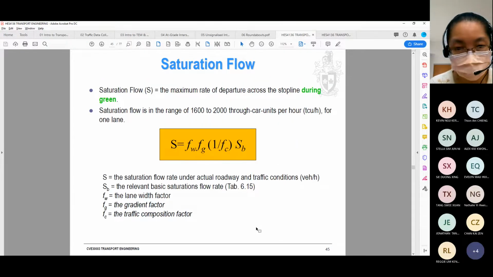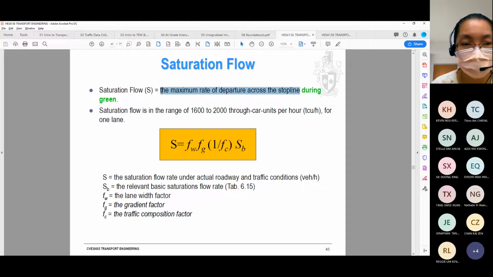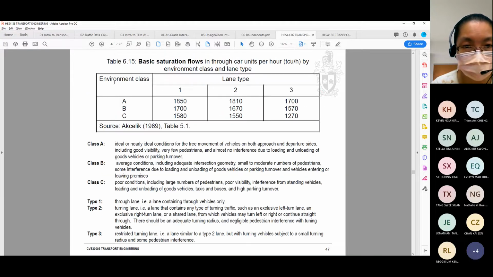Then saturation flow is determined based on this. The saturation flow has a base saturation flow, which is the ideal condition, the maximum rate of departure across the stop line during green. This base condition is obtained from this table.